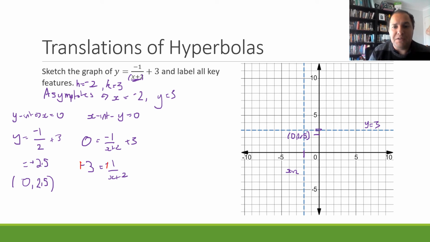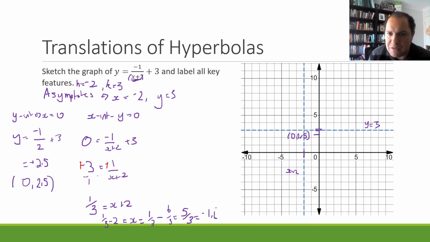And what I'm going to do is just flip those fractions over. So instead of being 3 over 1, I'll flip it so it's 1/3 equals x plus 2. Then rearranging that, 1/3 minus 2 equals x, which equals 1/3 minus 6/3, which equals -5/3, or negative 1.6 recurring.